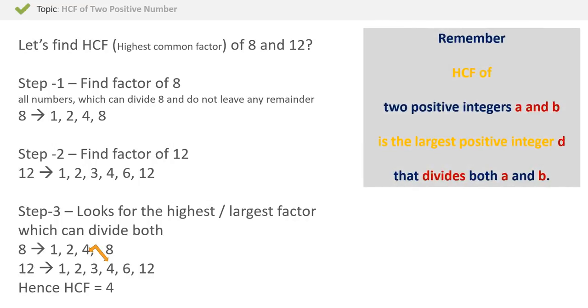So remember, HCF of two positive numbers A and B is the largest positive integer D that divides both A and B. So to calculate HCF of two positive numbers, you have to find the largest positive integer, which in this example is D, which can divide both A and B at the same time, leaving no remainder.